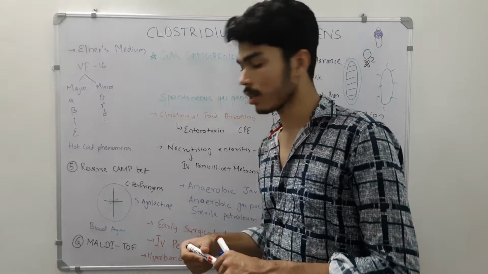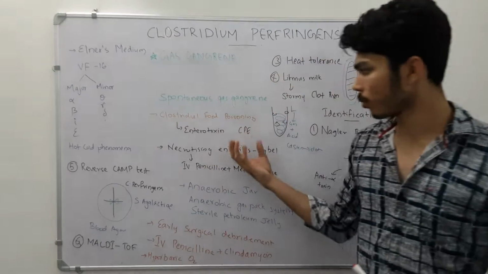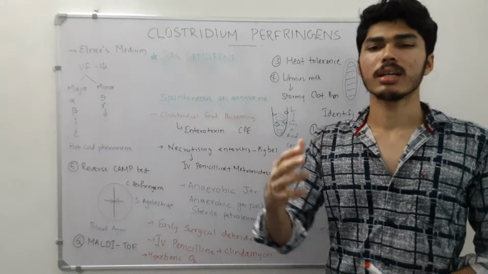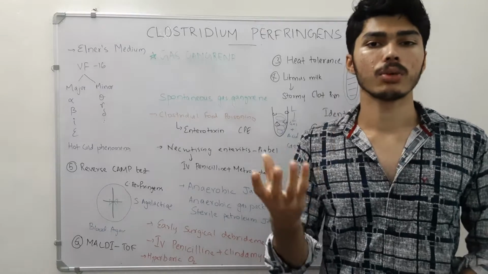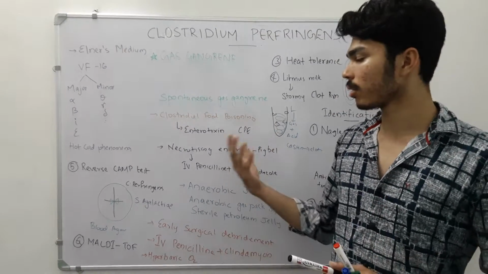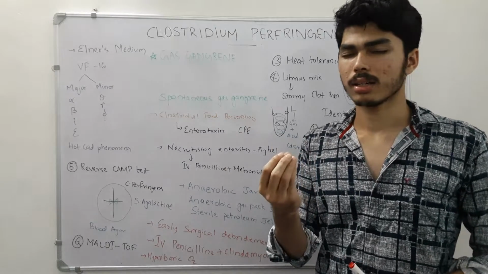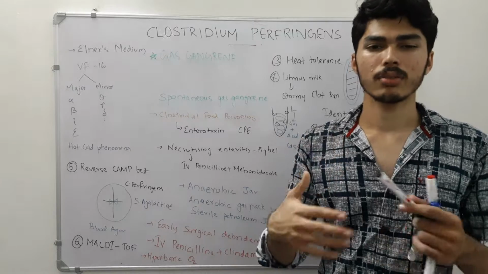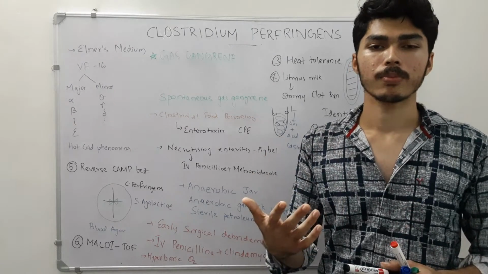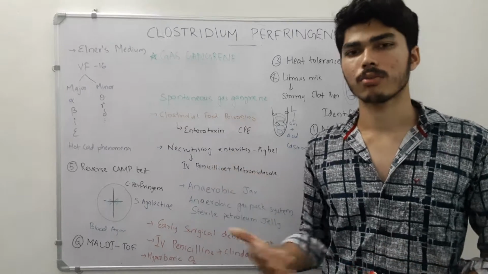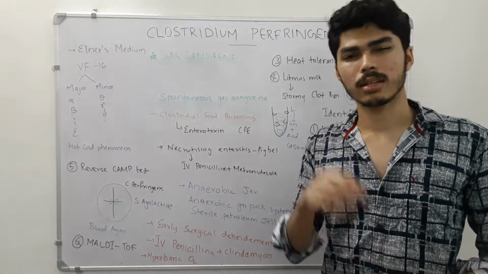There is a gene, the CPE gene, that produces this enterotoxin. When you are heating food that is contaminated, especially meat products contaminated with the spores, these spores can survive heating at 100 degrees Celsius for 2 to 3 hours, and in the intestine it can cause sporulation.